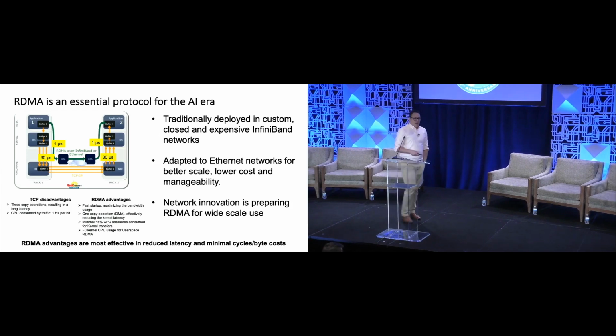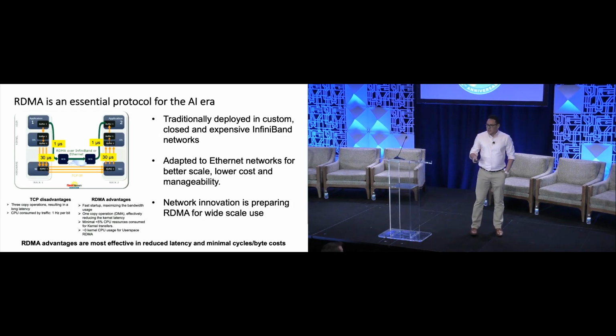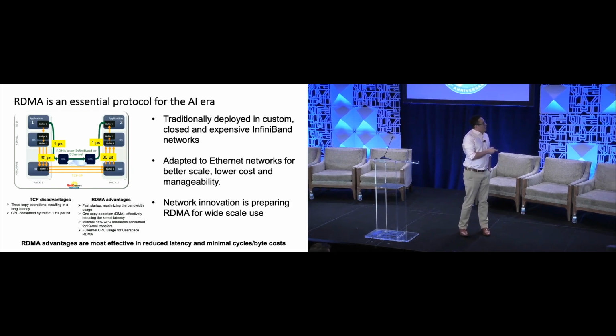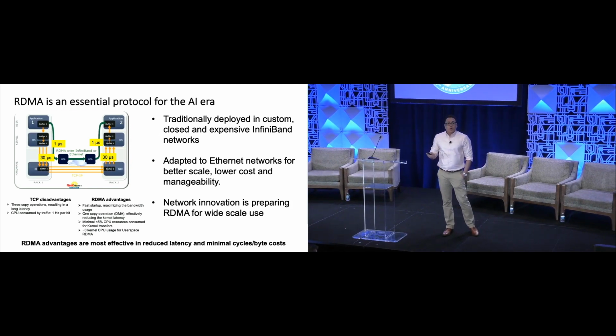So to put it into more context, here's an example. Given two applications with the same fabric, same device, same adapter, obviously fine-tuned to be co-located on the same switch, you should see in a well-tuned environment about 30 microseconds for TCP access time for transfers, right? So that would be 30 microseconds round trip time. If you're doing it through RDMA from the application, accessing the resources directly, you are down to 1 microsecond.